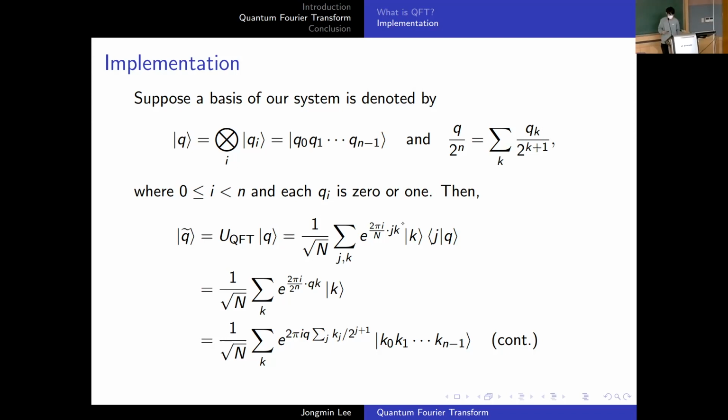Sorry, so j must be revised as k. Each qk is 0 or 1, so it is binary, and we take a QFT on the ket q.